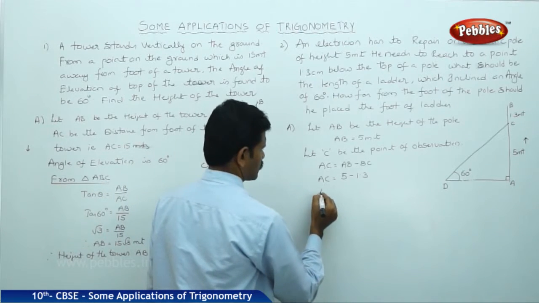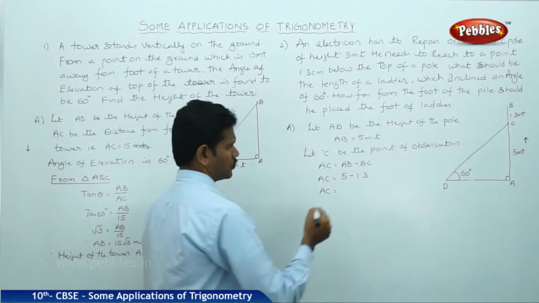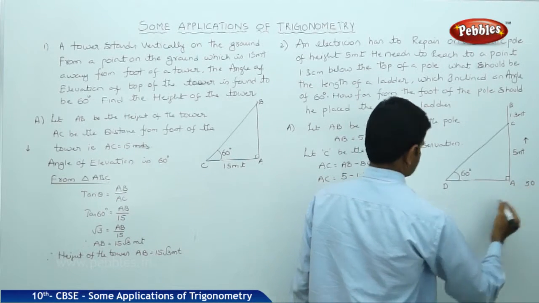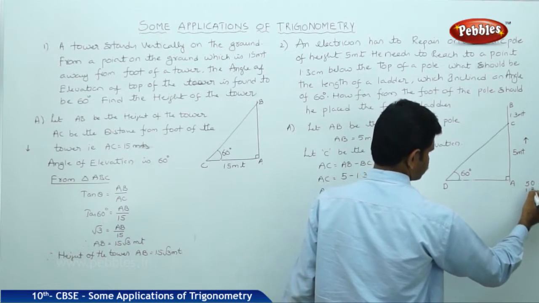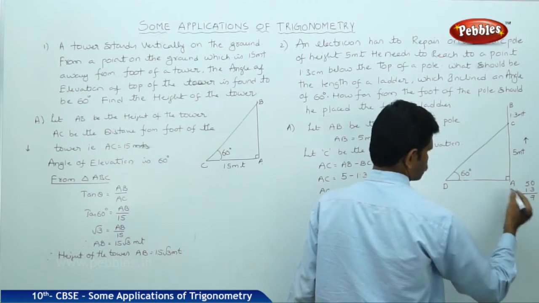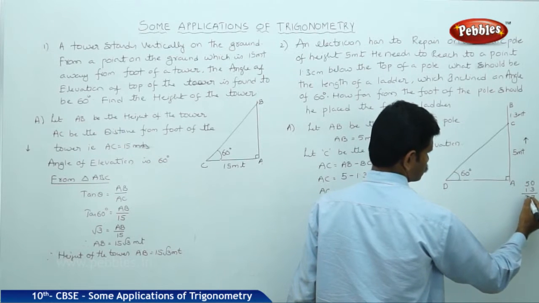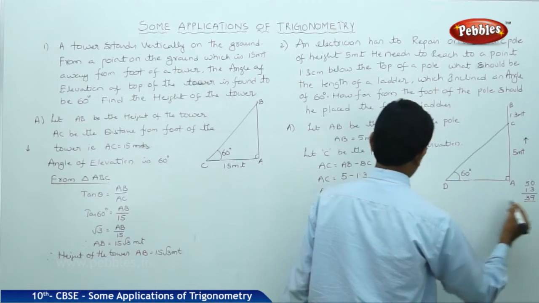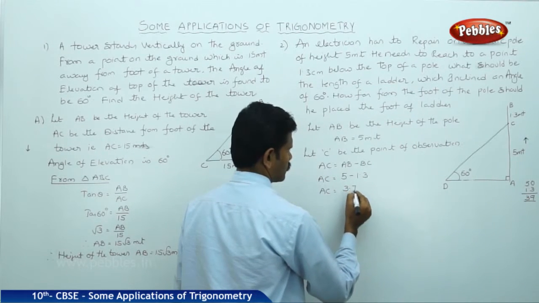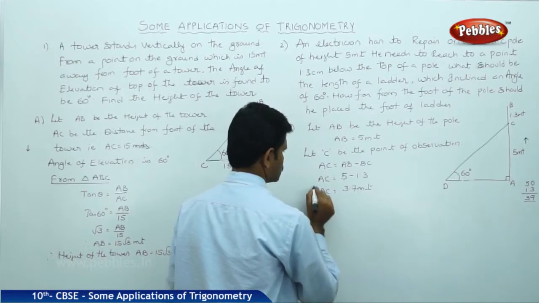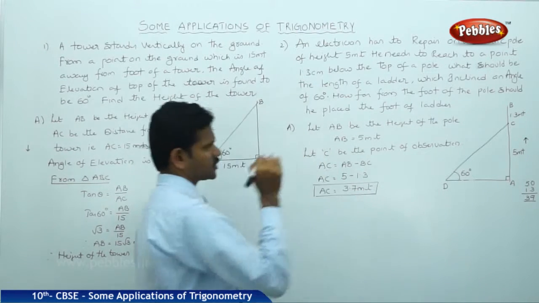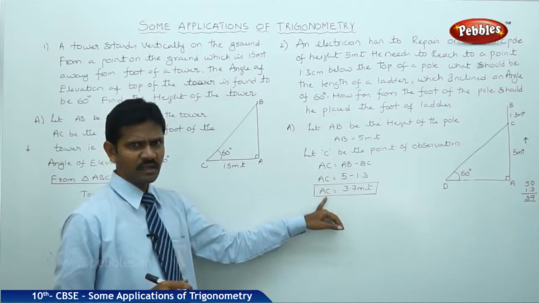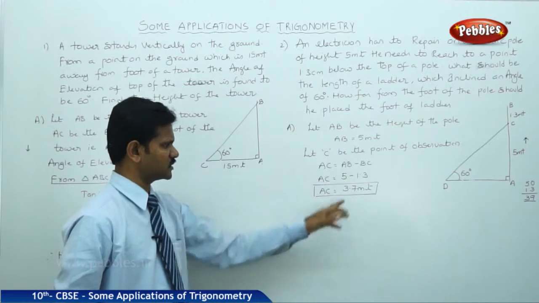That is, AC is equal to 5.0 minus 1.3, which is 3.7 meters, the height of the part of the pole. The height of the pole is 5 meters. Now AC is the height of the part of the pole, that is 3.7.